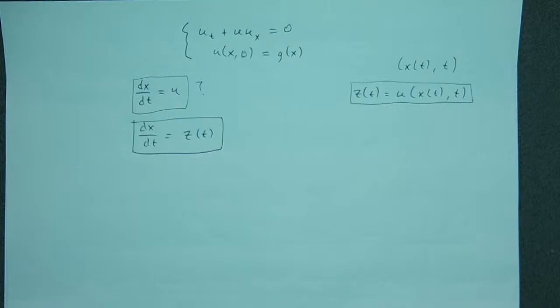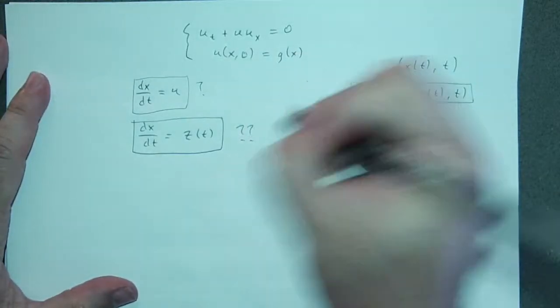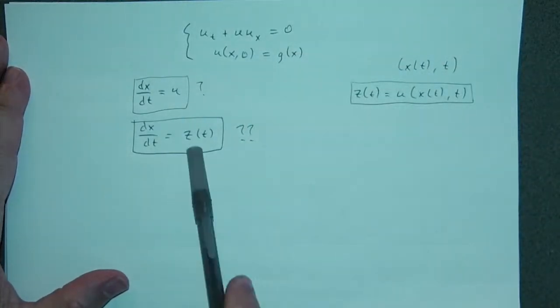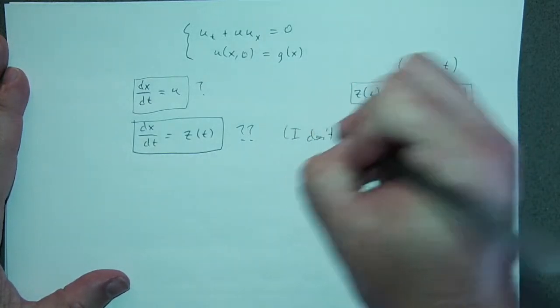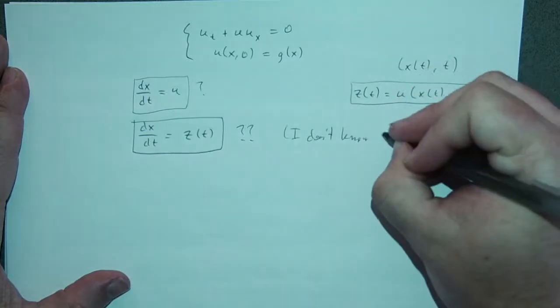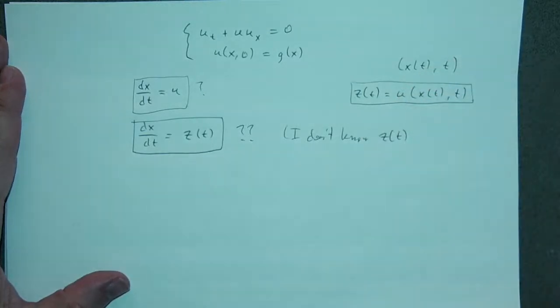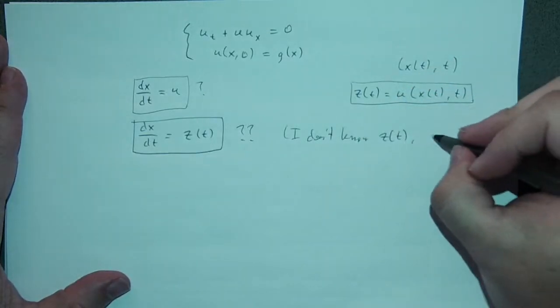So what do I do instead? How do I go about fixing this? I don't know z. I don't know what z of t is. That's the entire problem, so I can't solve this.